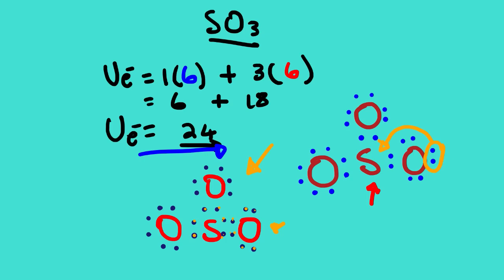So we need to calculate the formal charge. There is a lesson video on how to calculate formal charge. Do watch that video. It will help you know how we came about this equation and how to use it.